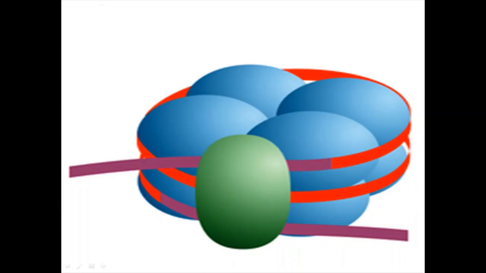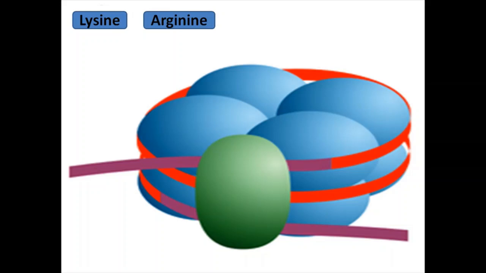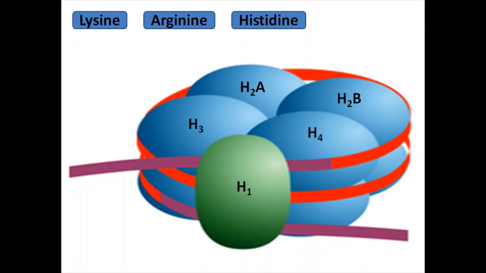Histone is a positively charged protein containing a higher concentration of basic amino acids like lysine, arginine, and histidine. There are 5 classes of histone: H1, H2A, H2B, H3, and H4.